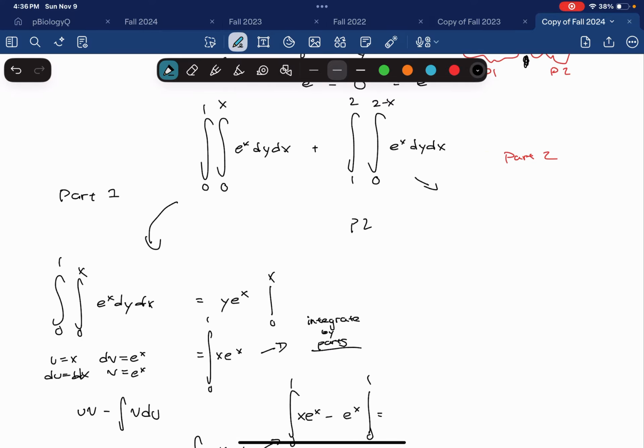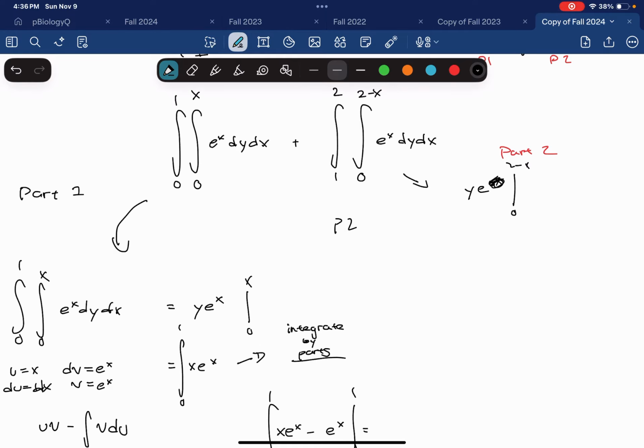Part 2, you'll be the same rundown. 0 to 2 minus x. Why did I write it like that? That's so weird. So you get 2 minus x e to the power of x, which is just equal to 2e minus x e to the power of x.